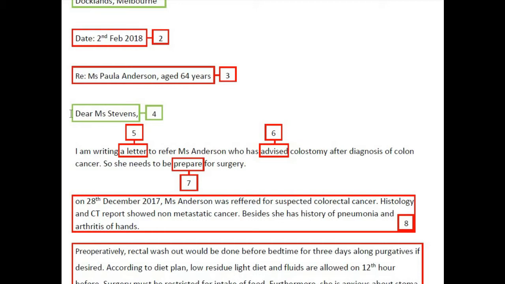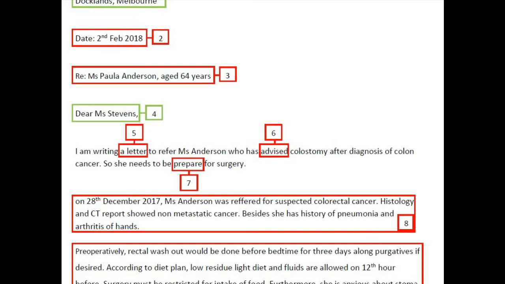The salutation is correct. Moving to the introduction paragraph, "I am writing a letter to refer Miss Anderson, who has advised colostomy after diagnosis of colon cancer. So she needs to prepare for surgery." There are multiple errors in this introduction paragraph. First of all, it says a letter, which means she is writing some other letter which is wrong. So instead you have to write, I am writing to refer Miss Anderson.